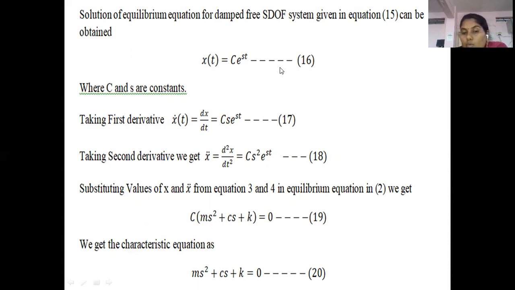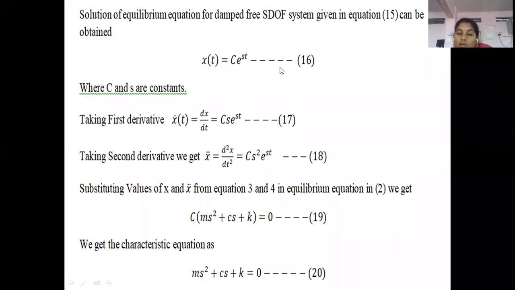X double dot is equal to d2x by dt square, and that is cs square into e raised to st. Now we put equations 17 and 18 into equation number 15. From that we get c into e raised to st into the bracket ms square plus cs plus k equal to 0.